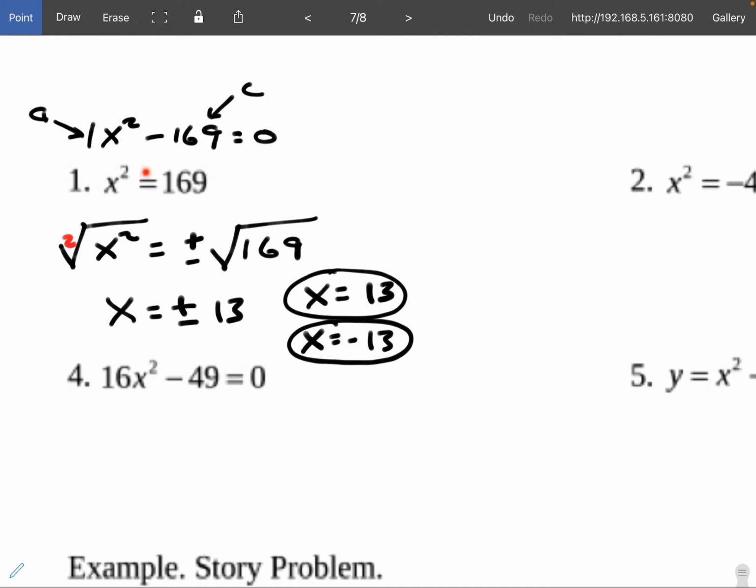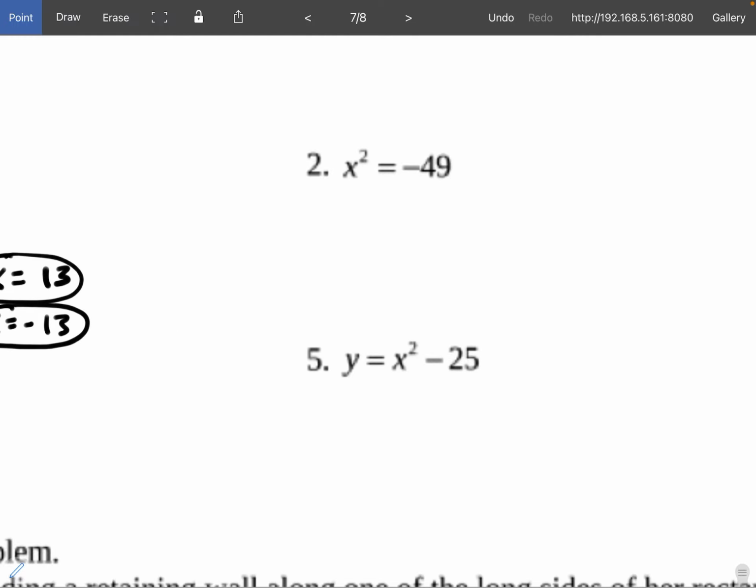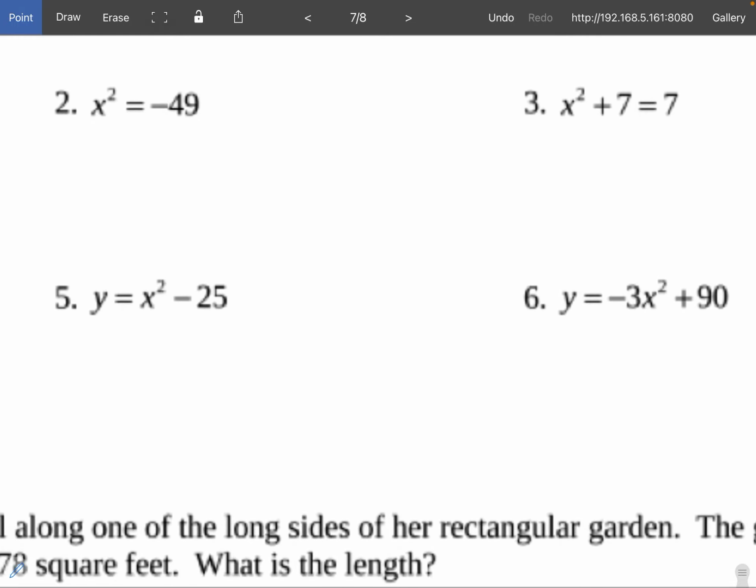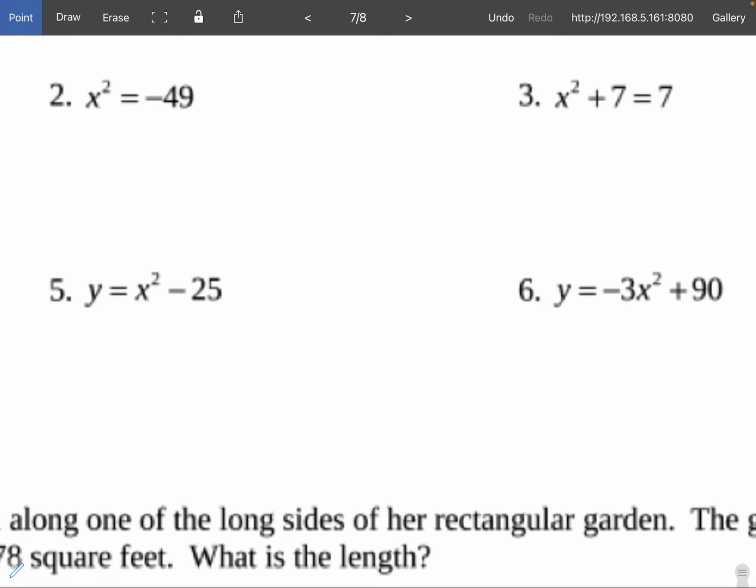And if you check your answer, if you put 13 in here for x, 13 squared would be 169, right? But if you put negative 13 in here for x, negative 13 squared means negative 13 times itself, and negative 13 times negative 13 would give you a positive 169. So that's why you get 2 solutions.